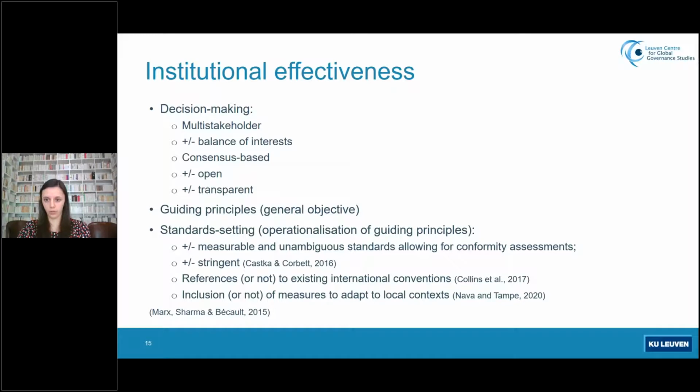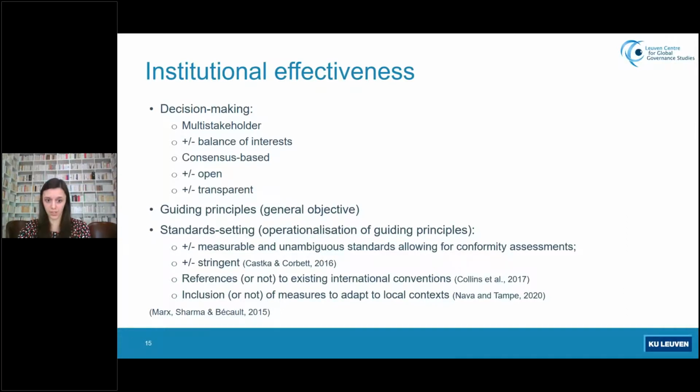Standards can be also more or less stringent, which reflects how ambitious a VSS agency is in its efforts to implement sustainable practices. But you might think that as VSS are really voluntary, firms or producers would not want to adopt VSS that include very stringent standards because it would be too much of an unnecessary burden for them.